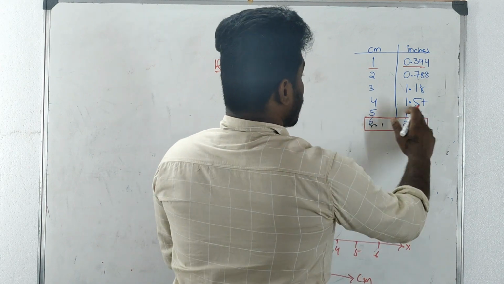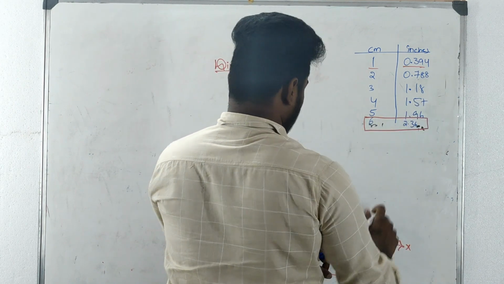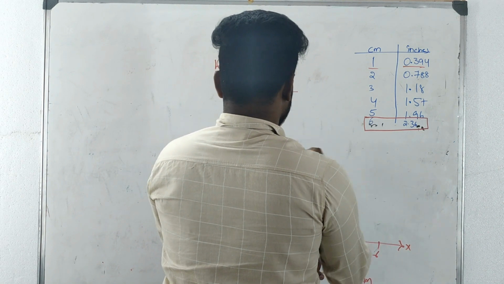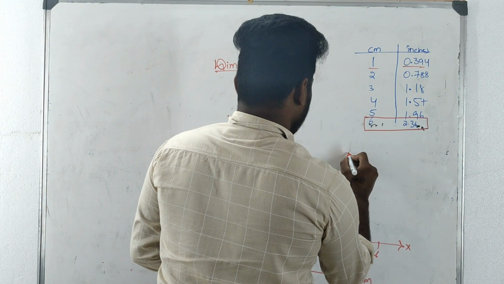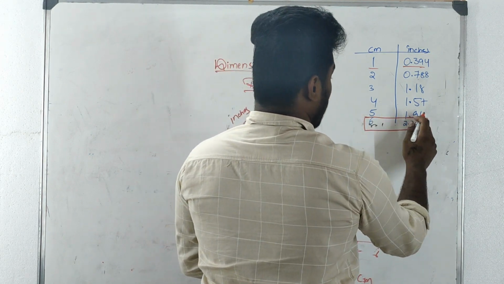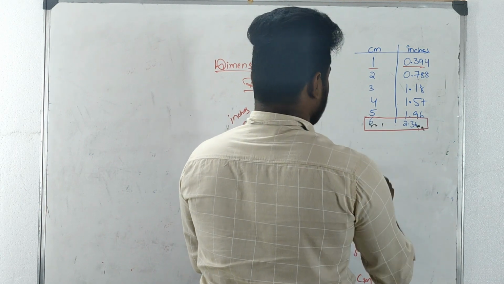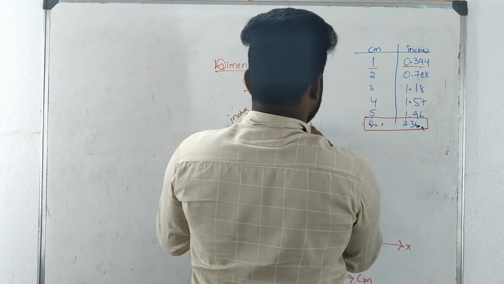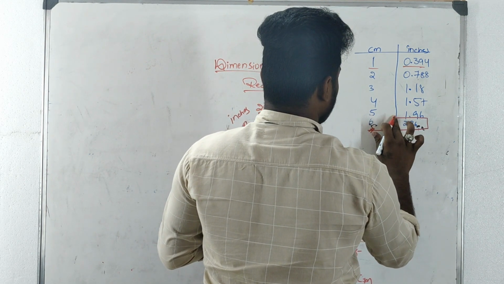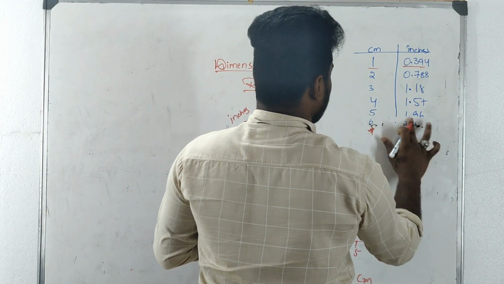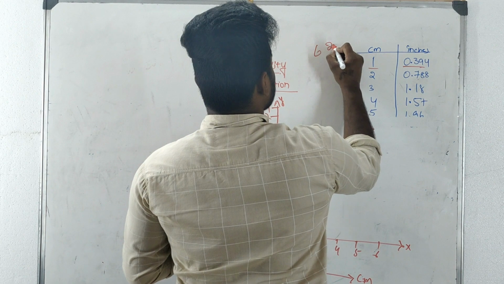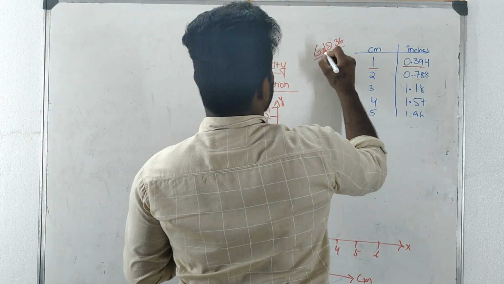Then for 3, 1.18, if I round this value, I obtain 1.2, so it will come here. Then for 4, 1.57, if we round this we get 1.6, so it will come here. Then 5, 1.96, is 2, and it will come here. The value for 6, 2.36, we are going to obtain.